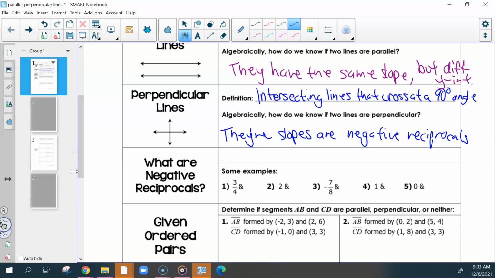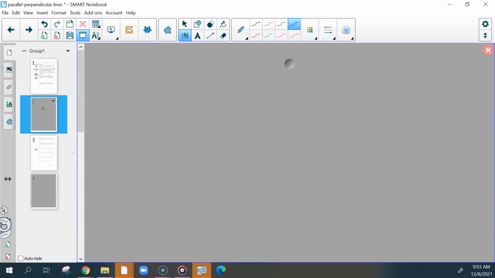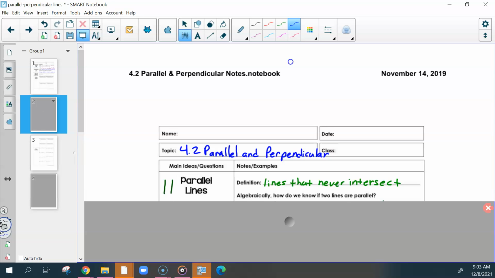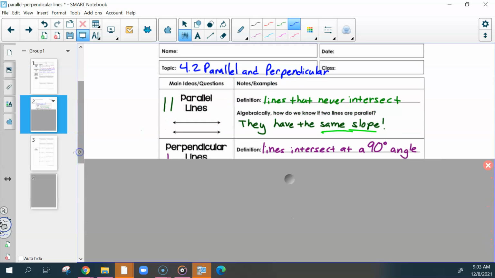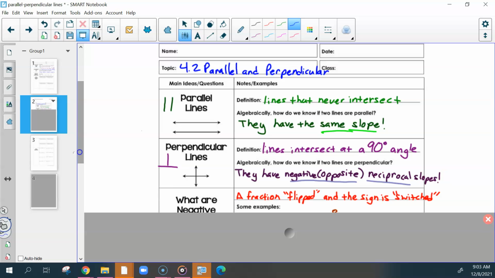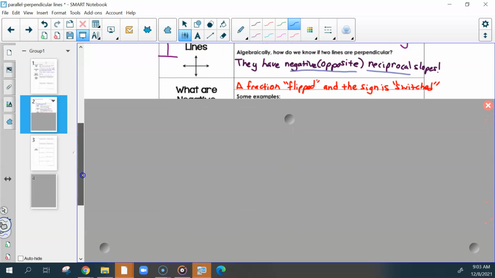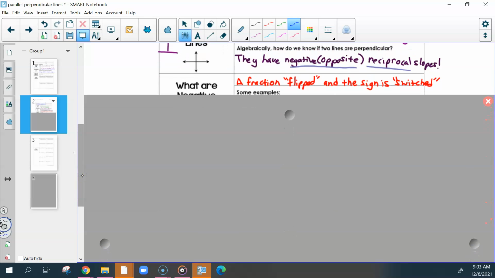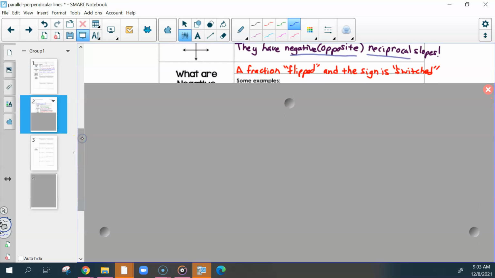This is like the definition of negative reciprocals, but I don't remember exactly what I said. So I'm going to go to the next page so we can see what that was. A fraction flipped and the sign is switched. So that's the definition of negative reciprocal.